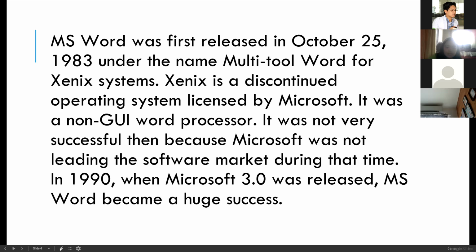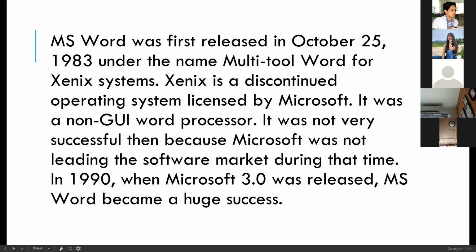By the way, again, the features of a word processor or MS Word are to create, to edit, to format, to print, and to save. That's 5, right? Again, what are the features of MS Word?